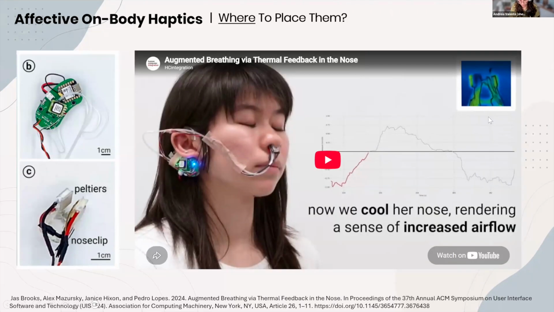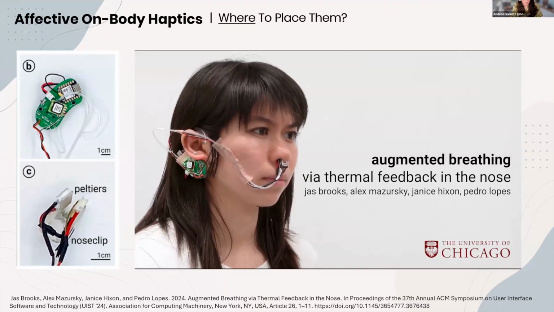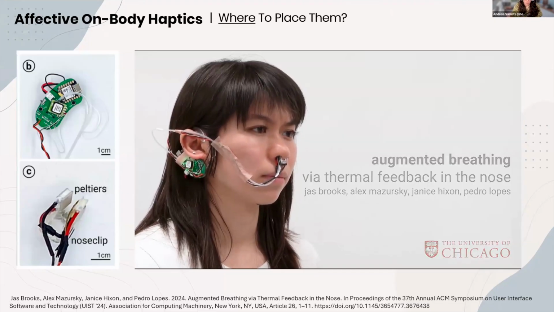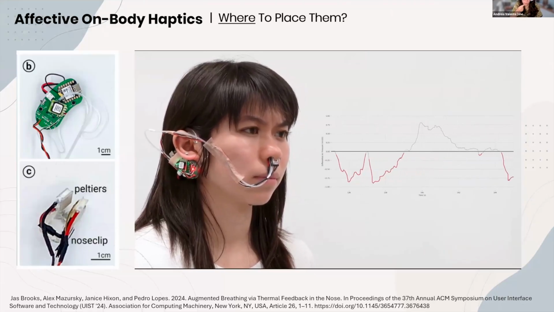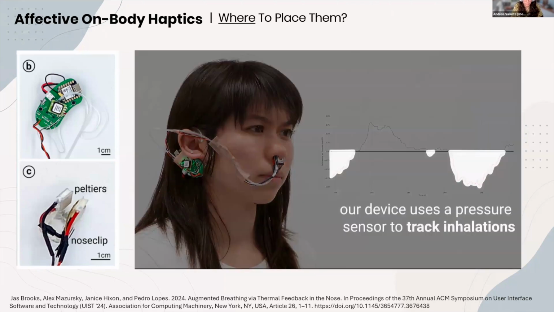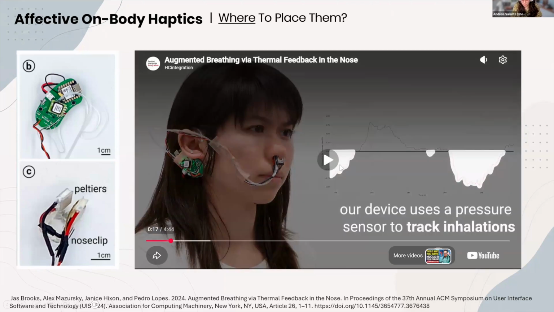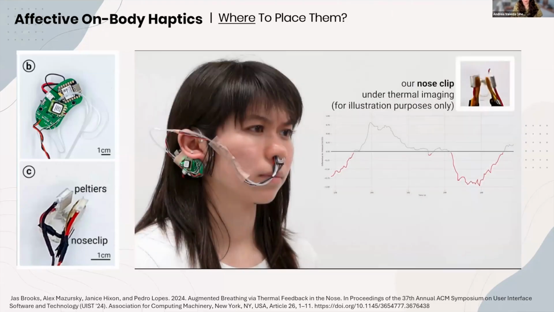This one is from the University of Chicago, Professor Pedro Lopes. They put a nose clip with a Peltier thermal actuator in the nose. The idea is that if you give cold feedback to people, they will perceive their breath to be better and deeper, like how during winter it feels easier to breathe.